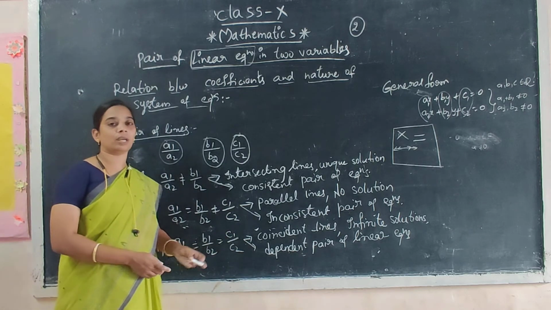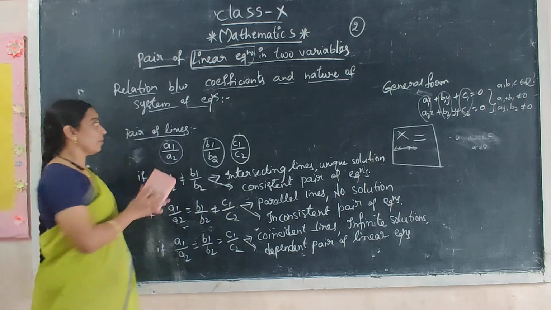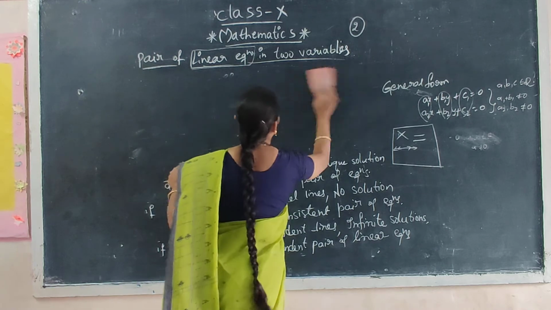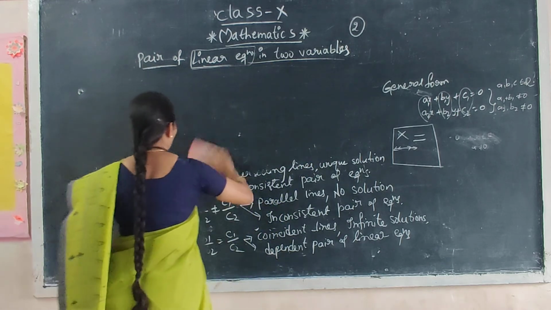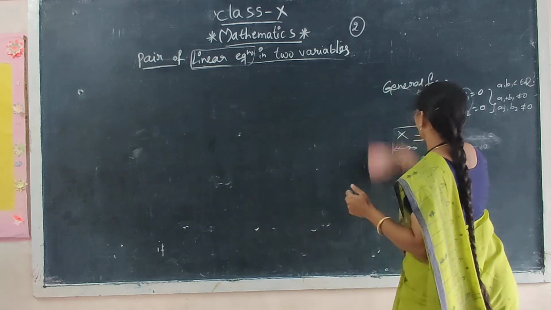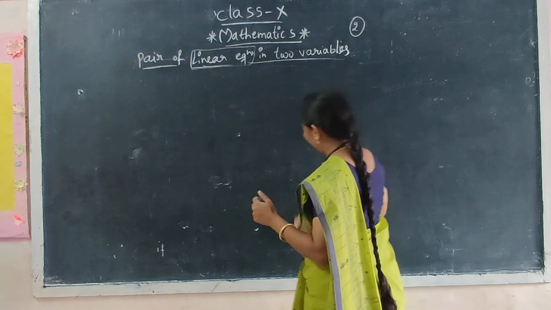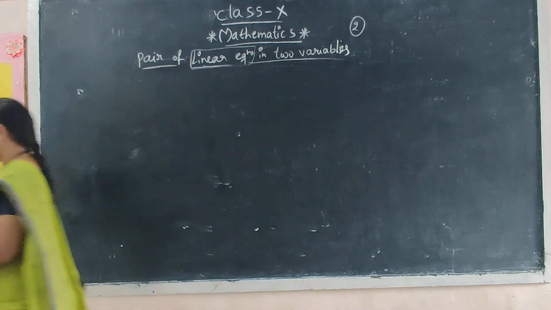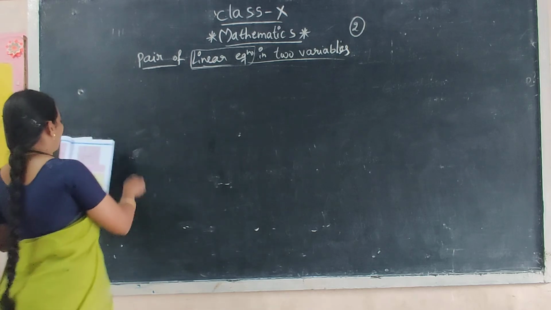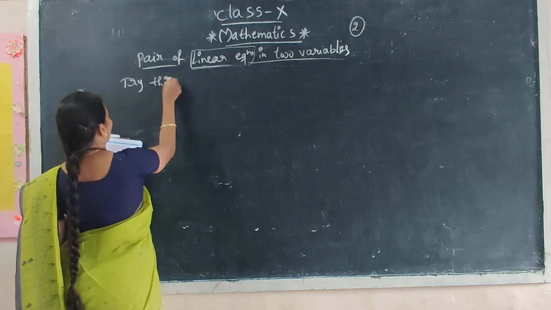These three conditions are very important. Now, based on these three conditions, first of all solve the Try This column.